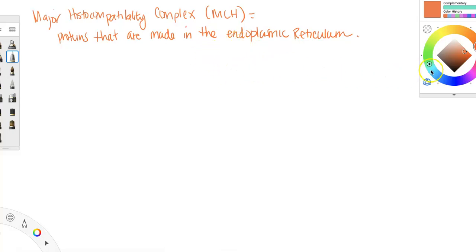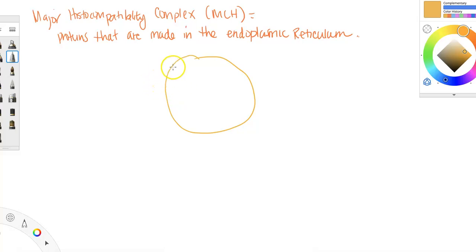So if we have a cell, anything that you consume or eat or whatever can get into your cell or cells, and these things, whether it's something good or something bad, like a virus or a bacteria, are going to be displayed on your plasma membranes through these things called MHC.